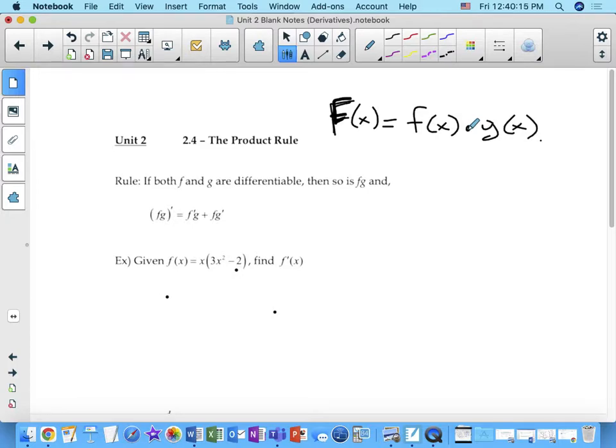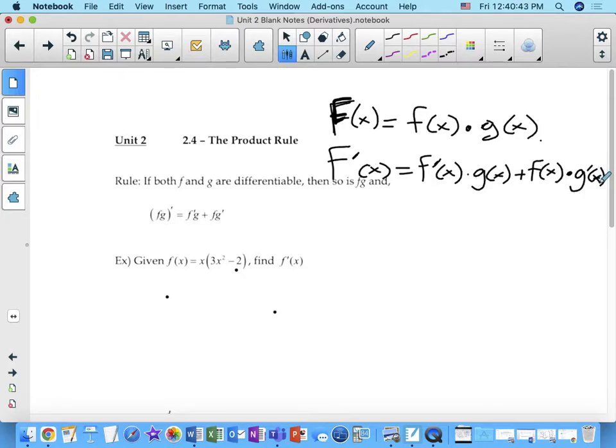What the product law tells us is this: big capital F prime of x is equal to little f prime of x times g of x plus f of x times g prime of x.